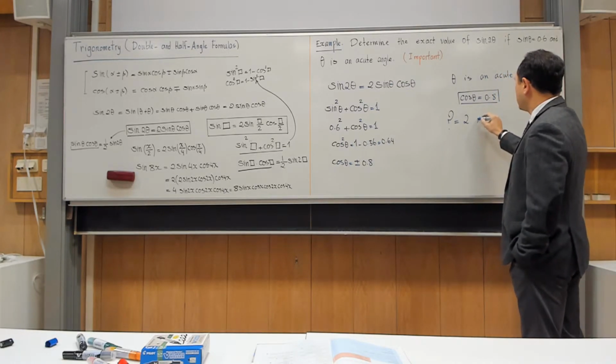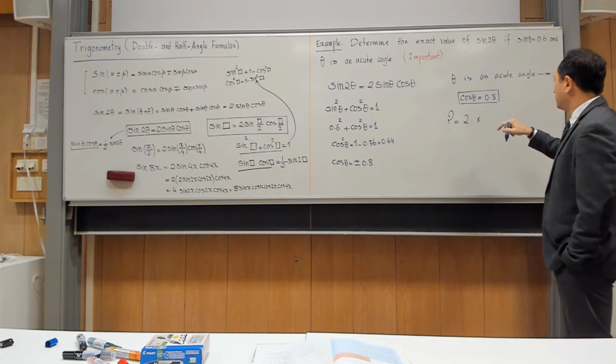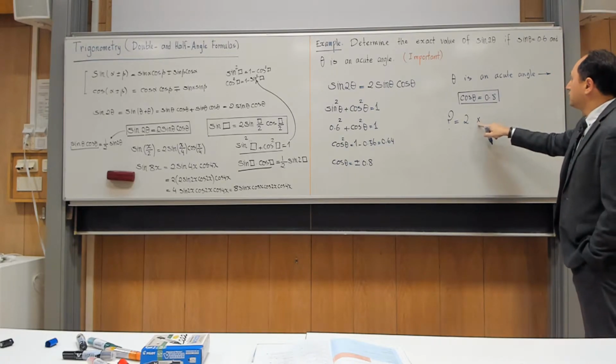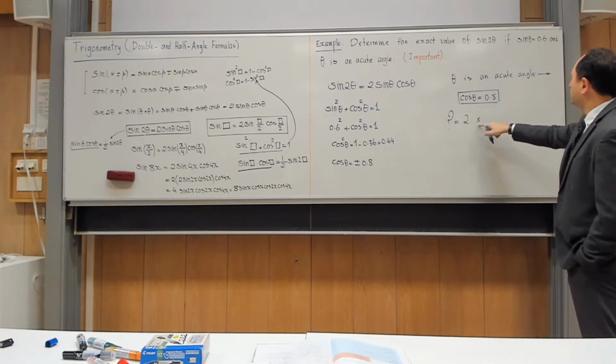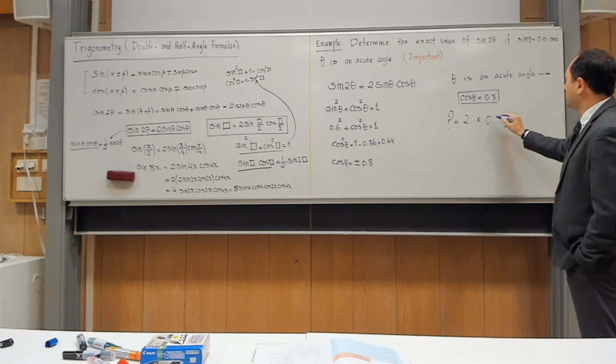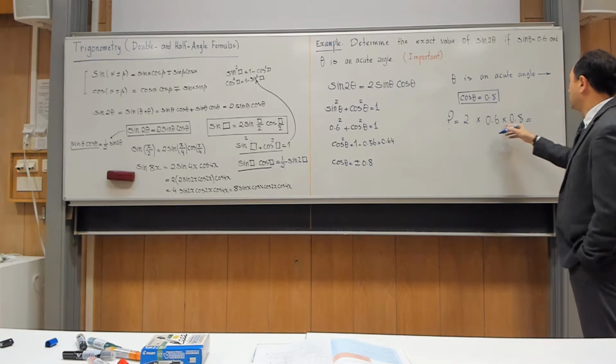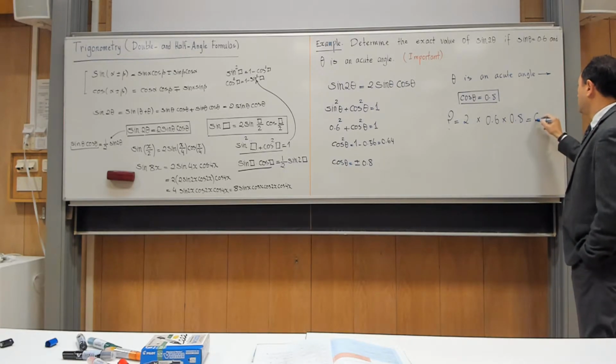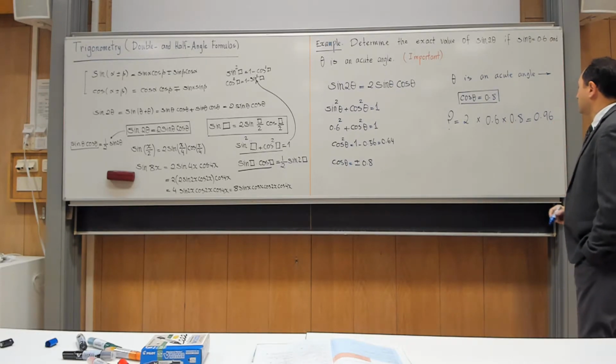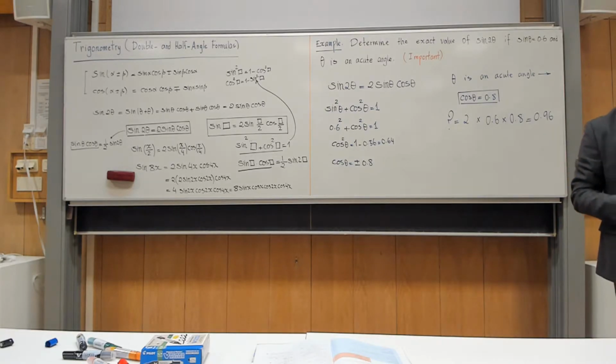Let me just write this cross because it would be very similar to this decimal point. So 2 cross for product, and then I have 0.6, then cross 0.8. So if I calculate this, it becomes 0.96. So that would be the exact value of this expression.